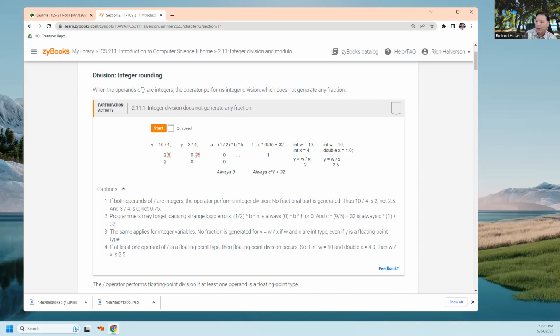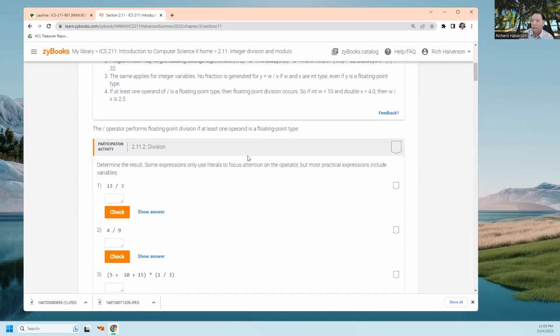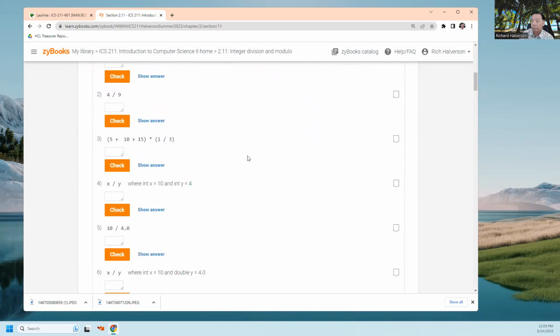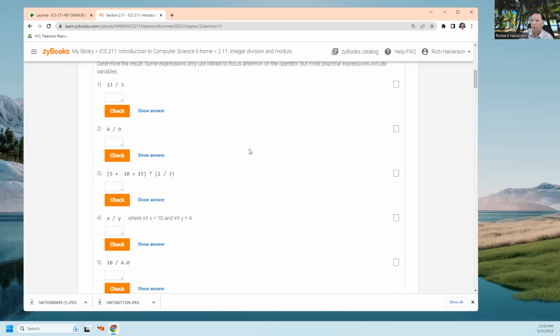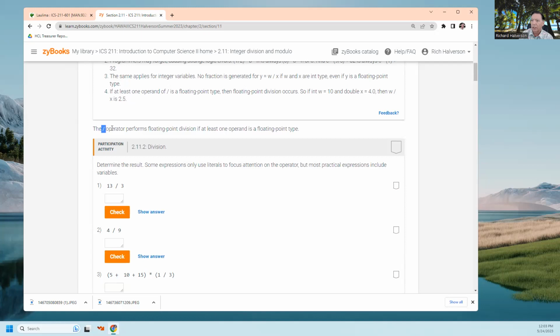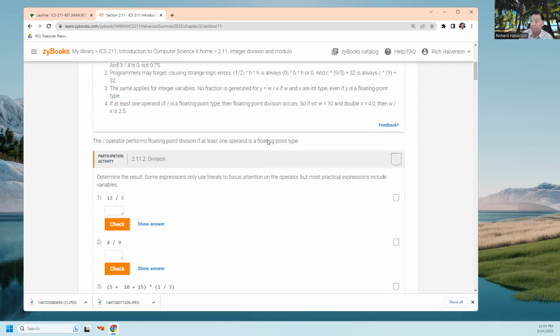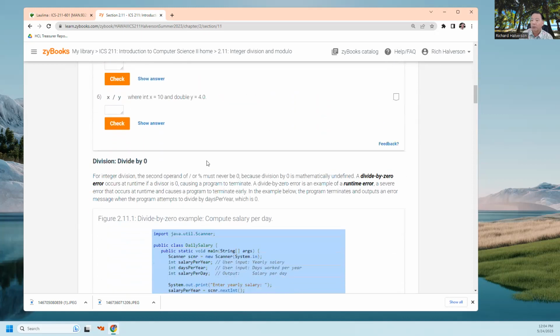When the operands are integers, the operator performs integer division, which does not generate a fraction. However, the slash operator performs floating point division if at least one operand is floating point type. So if at least one operand is floating point type, it turns into floating point division. All right, that's how division is.